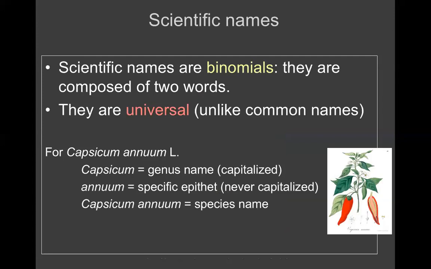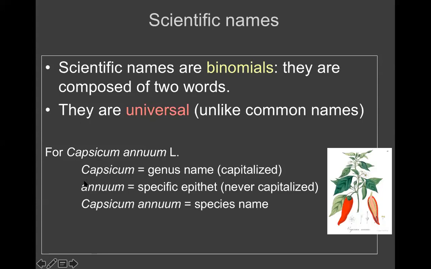They're important because they prevent the confusion that sometimes common plant names can have, where you might have a common plant that's called one thing in one area of the world and called something different in another. So these are universal. Again, we have an example, Capsicum annuum. Capsicum is the genus.